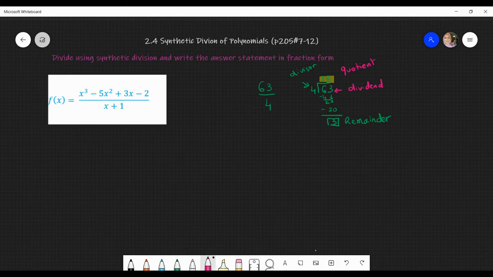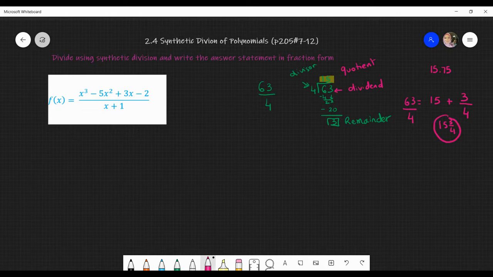So if I were to write 63 divided by 4 using all those numbers, the result of this division is 15, plus the remainder, which is 3, over the divisor. In other words, it's 15 and 3/4. If you do that on the calculator, you're going to get 15.75. And in mixed numbers, it's 15 and 3/4.